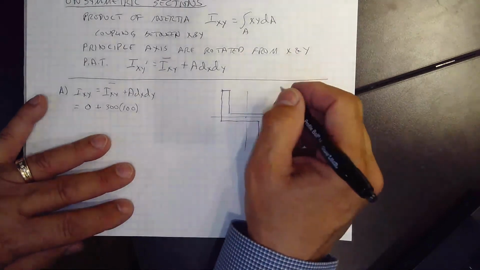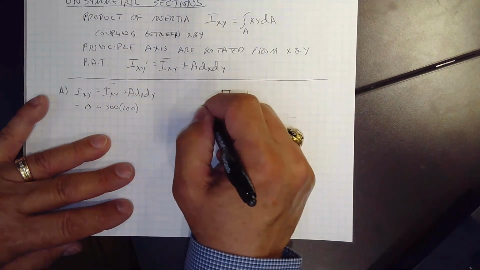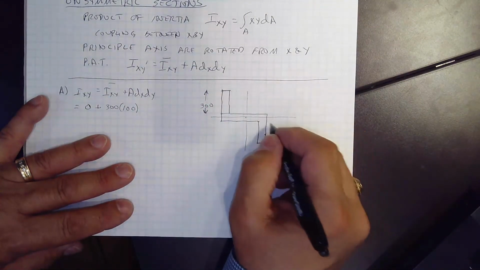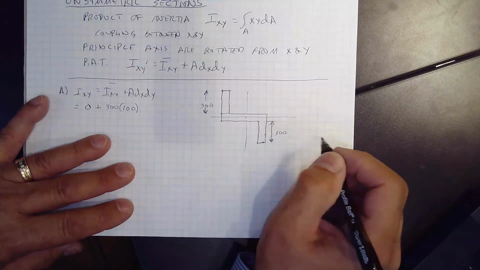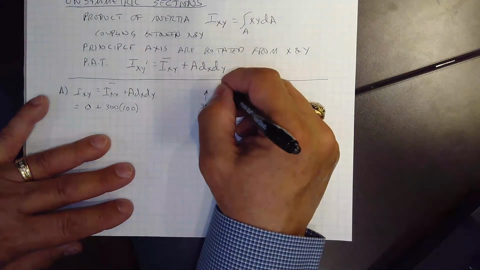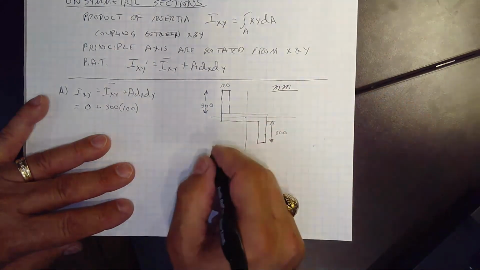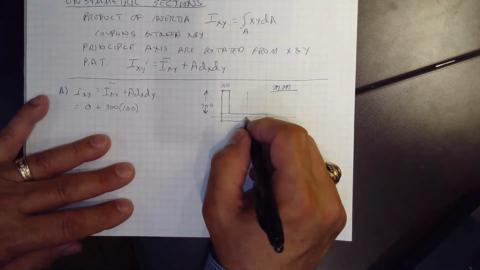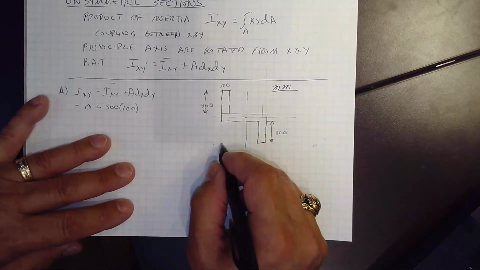Let's see. This is 300 to here to here. And it's also 300 from here to here. These are all 100. This is all in millimeters, right? And this distance from here to here, wait a minute, let me do it this way.